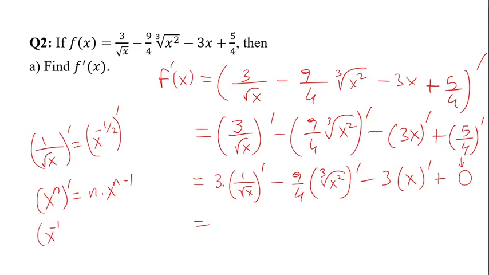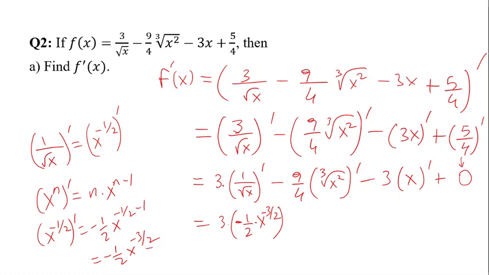So the derivative of x to the negative 1 over 2 is minus 1 over 2 times x to the negative 1 over 2 minus 1. So this becomes minus 1 over 2 x to the negative 3 over 2. And then this will give us minus 3 times minus 1 over 2 times x to the negative 3 over 2.